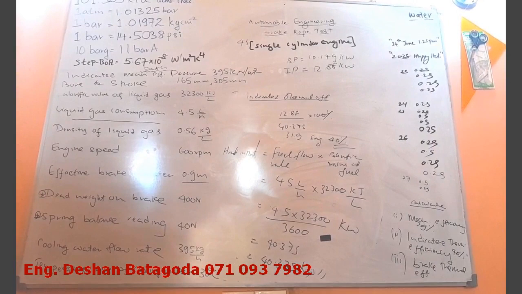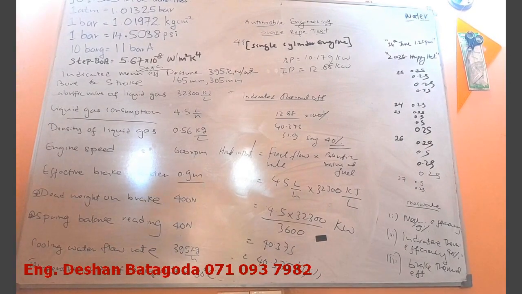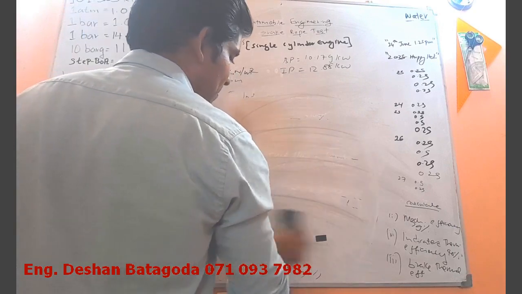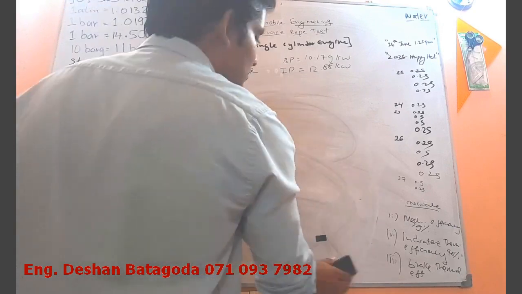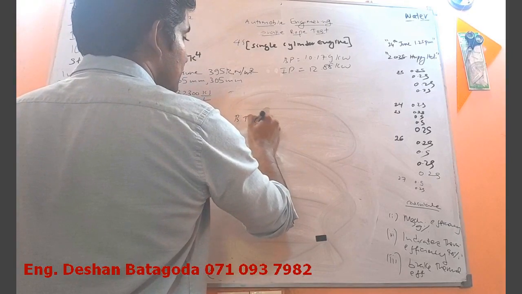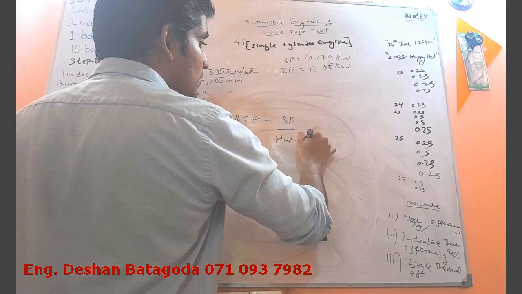The next one is the easiest: brake thermal efficiency. Very easy. How to find that? Now there are several ways. Brake thermal efficiency equals brake power divided by heat input into 100%.